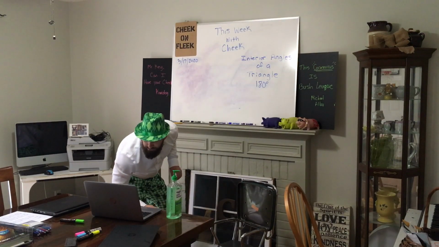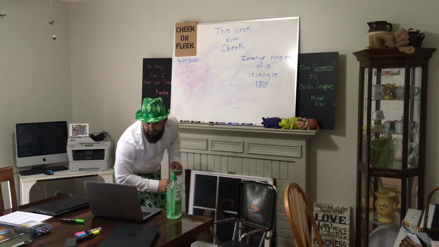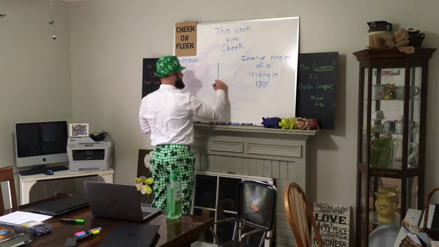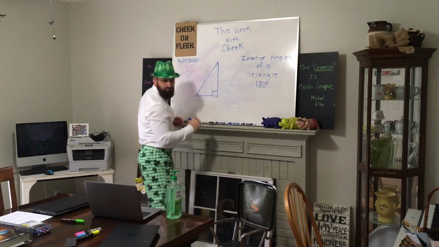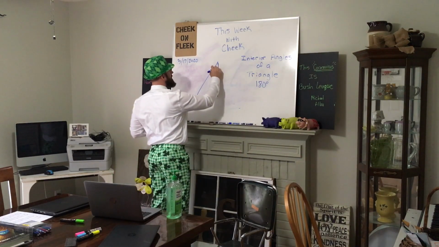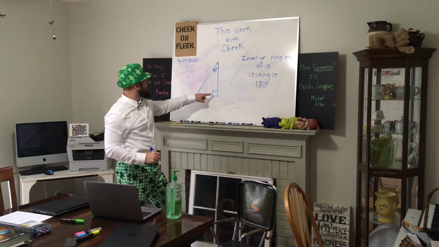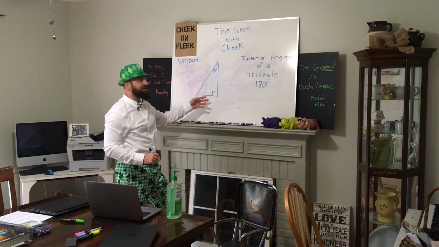We'll do one. You need to make sure that you see this. And we'll say 30. So first of all, you need to know that this box right here is telling you this is a 90-degree angle.